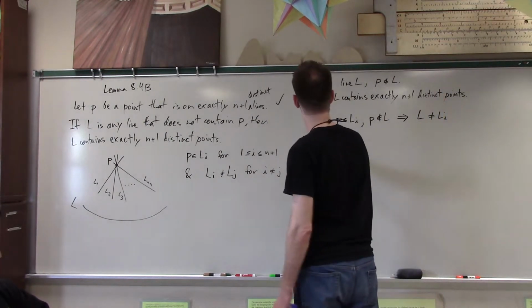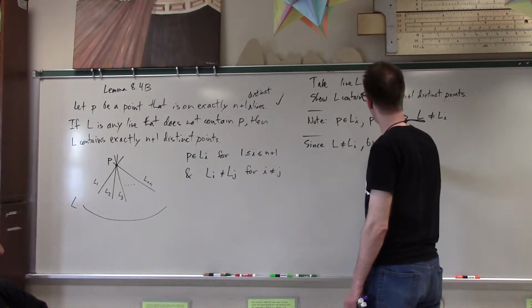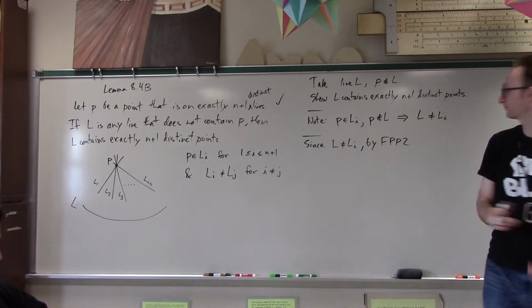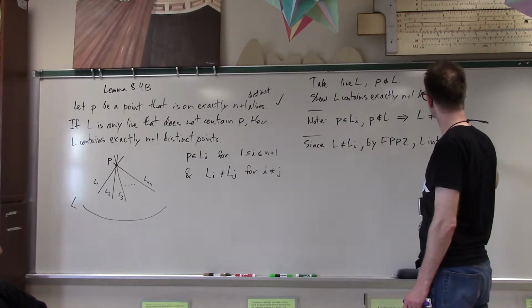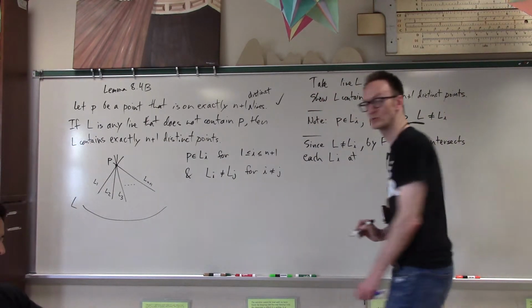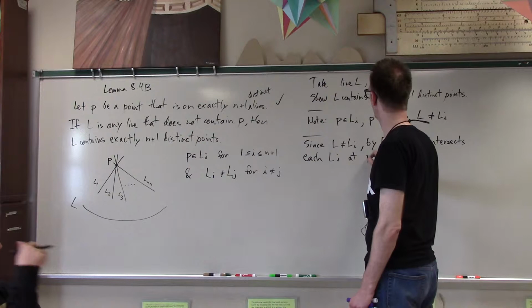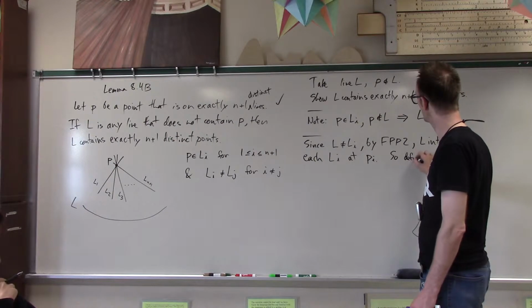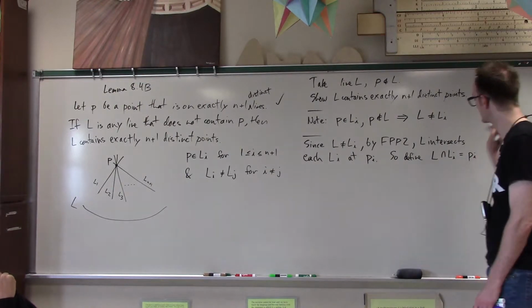Since L is not equal to L sub i, by FPP2, we know that L intersects each L sub i at, what would you like to call that point? P sub i. So we define the intersection of L and L sub i to be the point P sub i.